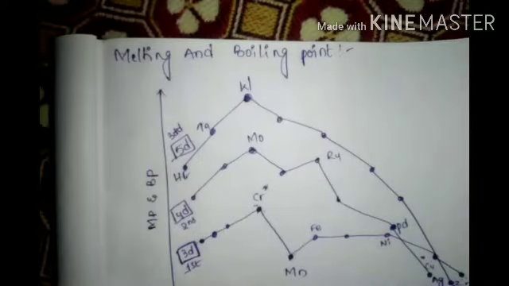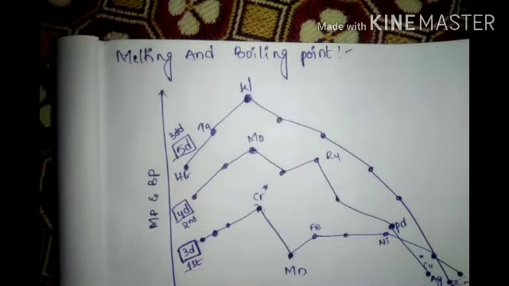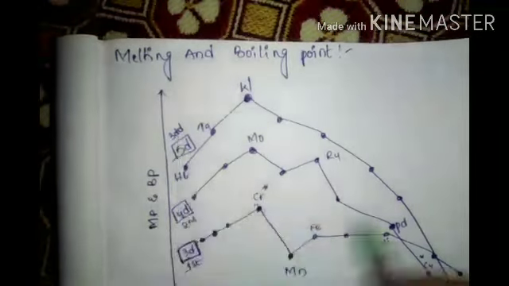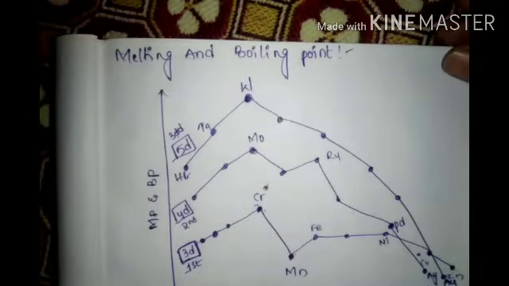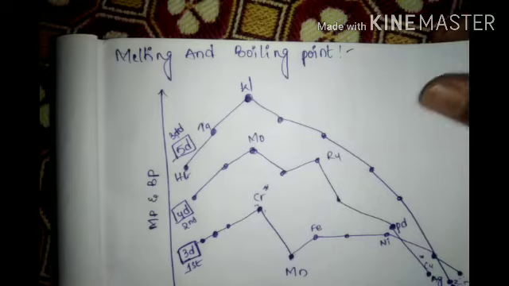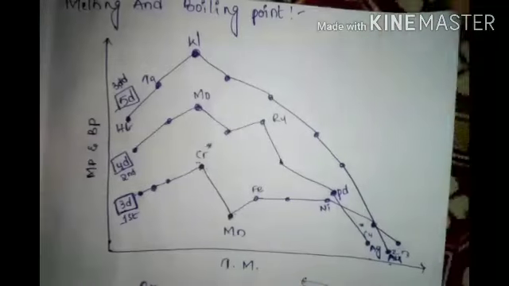Third transition metals are highest, 3D is least. Try to understand that 3D is different, third is different. Wolfram has the highest melting and boiling point in transition metals.